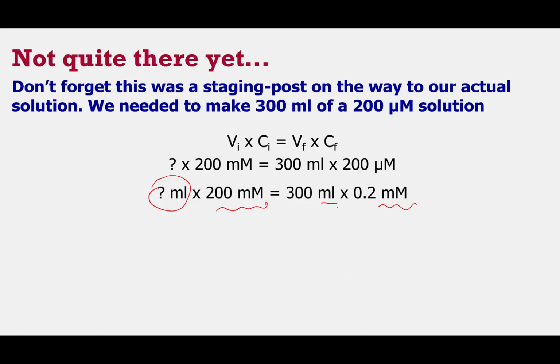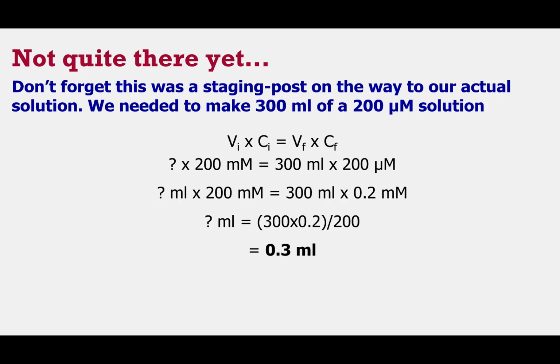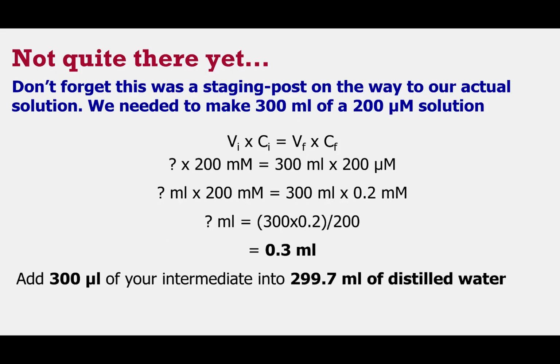So my unknown times 200 is going to be 300 times 0.2, or in other words 300 times 0.2 divided by 200, which is going to be 0.3 millilitres or 300 microlitres. So to make my final solution from that intermediate, I'm going to need to take 300 microlitres and transfer that into 299.7 millilitres of distilled water. And that will then enable me to make my desired final solution.